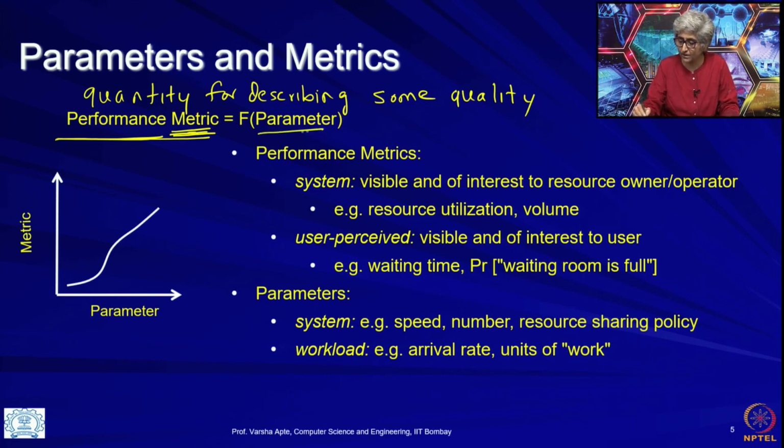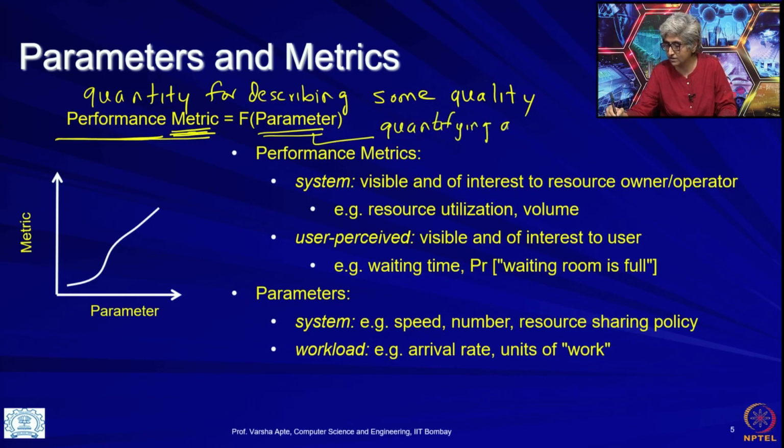Now, what is a parameter? A parameter is something about the system, or about the thing whose metric you are talking about, that affects the metric. Again, recall in the previous lecture we talked about speed of the resource, how many resources, workload intensity, all of these. So, a parameter is quantifying a metric influencing factor.